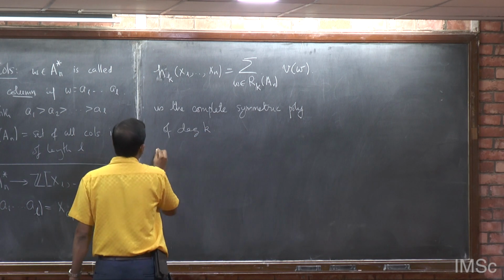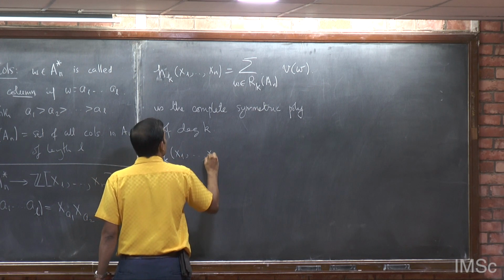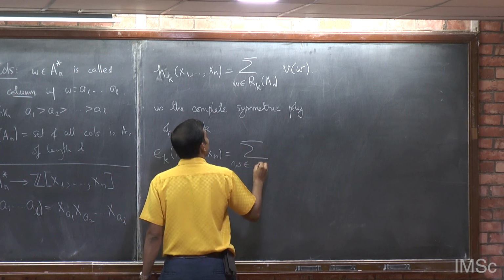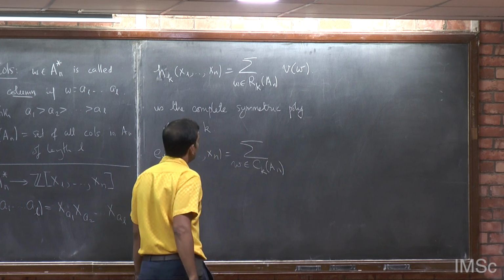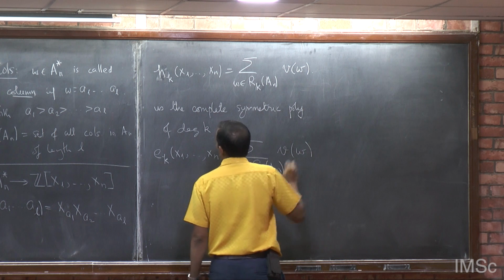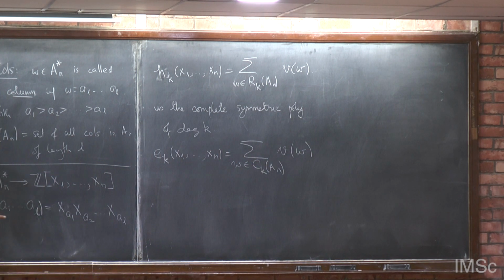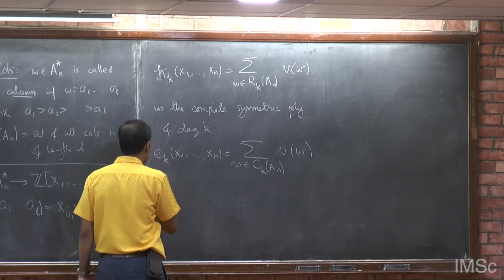And E_k, similarly you can guess. Here you will only get monomials where all the variables are distinct. Okay, so this is called the elementary symmetric polynomial.